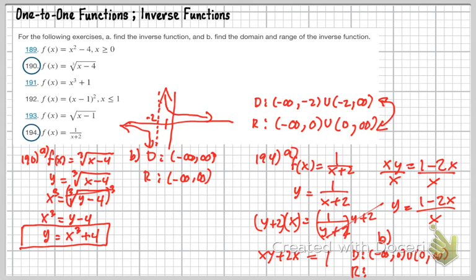And my range then is going to be negative infinity to negative 2, union negative 2 to infinity. So there's our answers for both of these problems. Again, we're using those ideas of inverses, swapping domain and range, to find the inverses. That's why we swap our x and our y. And then also to think about the original function, swapping that domain and range to get the domain and range of the inverses.